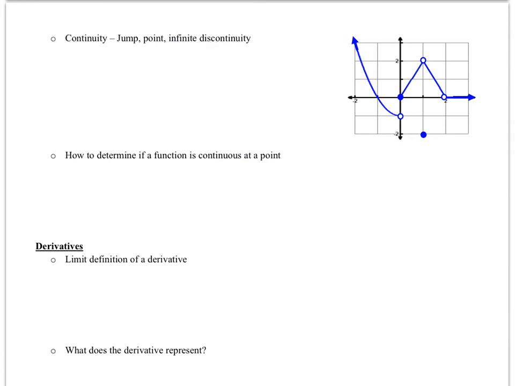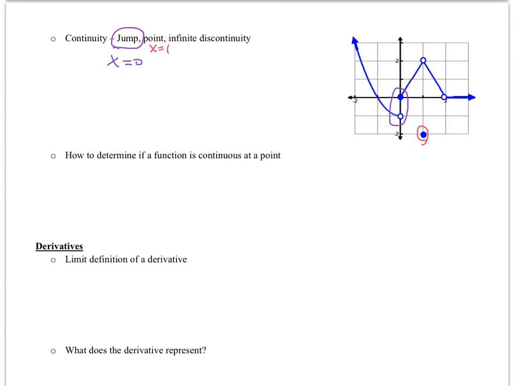When looking at continuity, there are three different types of discontinuity we expect you to be able to recognize. The first is jump discontinuity, and if we look at this graph pictured to the right, I can see that there is a jump discontinuity at x equals 0. My graph literally jumps from one piece to the next. The next type we see is point discontinuity, and that occurs right here at x equals 1.